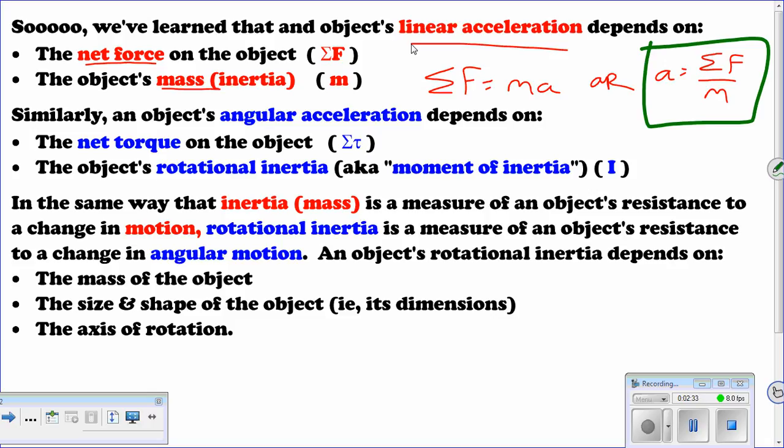The rotational counterpart to mass, called rotational inertia, depends, as you would think, on the mass of the object, but it also depends on the shape of the object and how the mass is distributed.